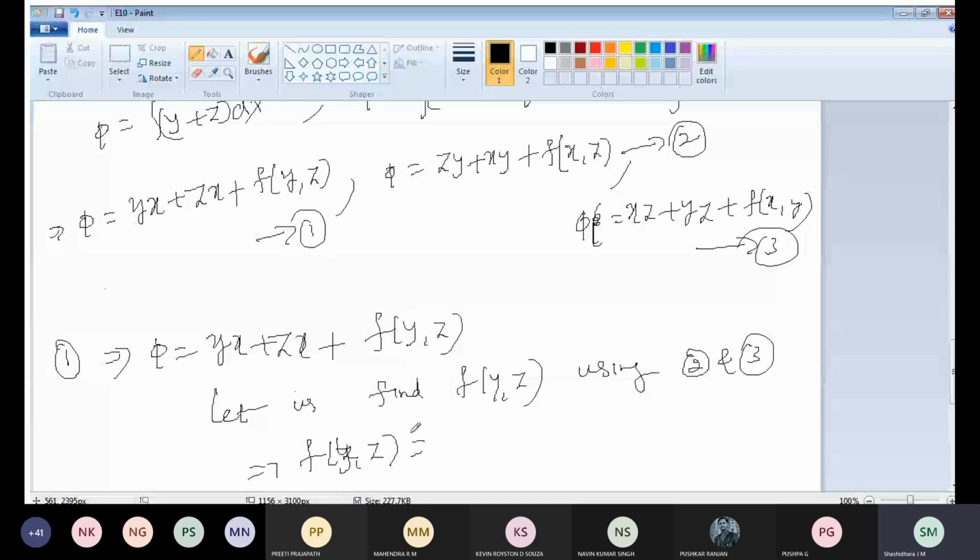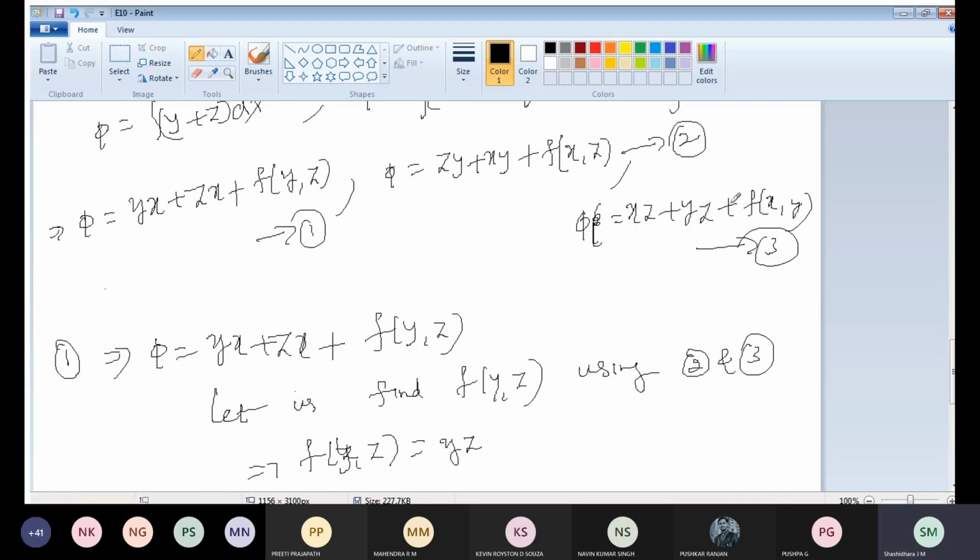Okay, so see here in equation 2. Now you can tell me the value of f of y comma z. The function should be in terms of y and z, or y or z, not in terms of x. So here zy is there in equation 2, and f of y comma z you can write as zy.